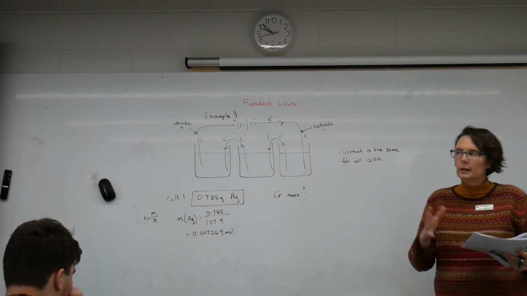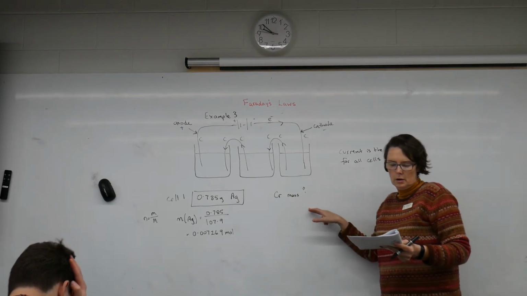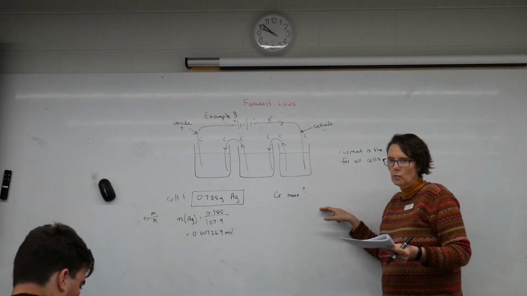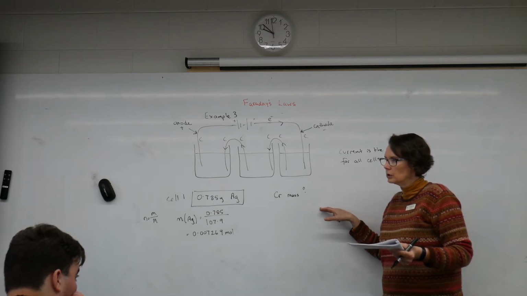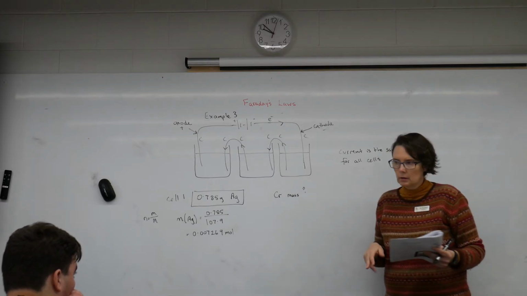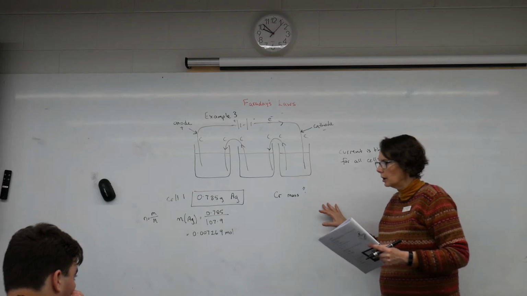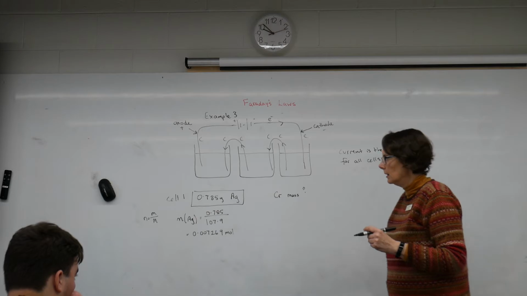Now, in this case, we're just asked about chromium. We haven't been told anything about oxidation number, so where are we going to look to find the information about the ECS? What's on the ECS for chromium? The reduction half equation. What does it look like? Cr3+.